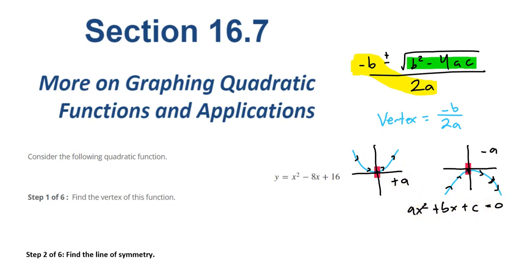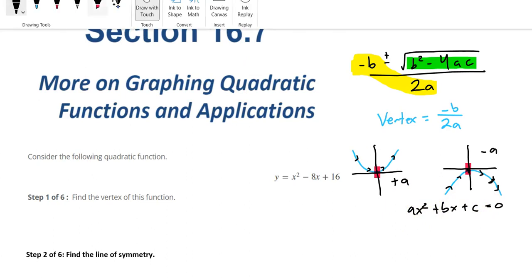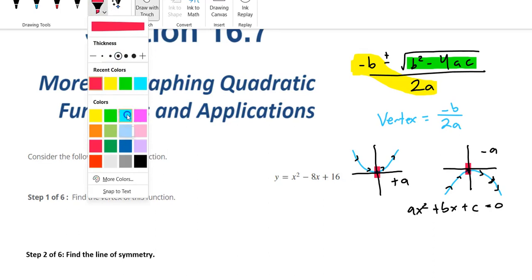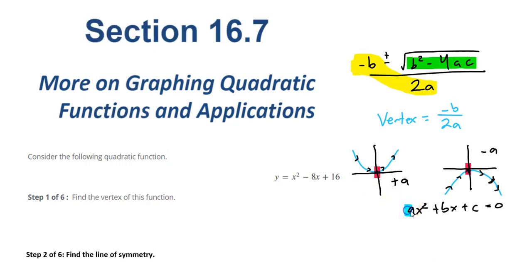This is the part we're looking at right there. Knowing which way the parabola is going to go is going to help you a lot in solving some of these and making some of this very, very quick.